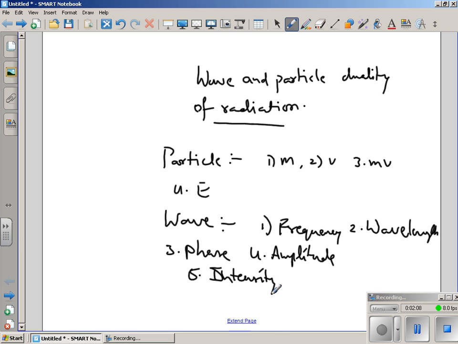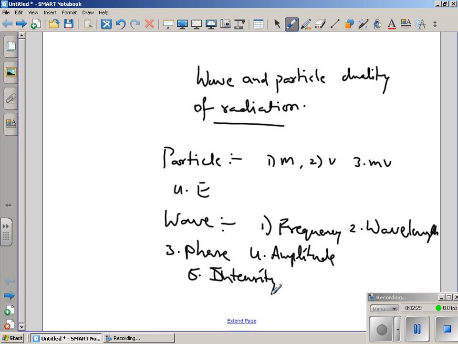So if you see these two aspects, it is difficult to accept that radiation has a wave which is spread over some space and also a particle which is located at a point in space. But this acceptance is essential because radiation sometimes behaves as a wave and at other times as a particle.